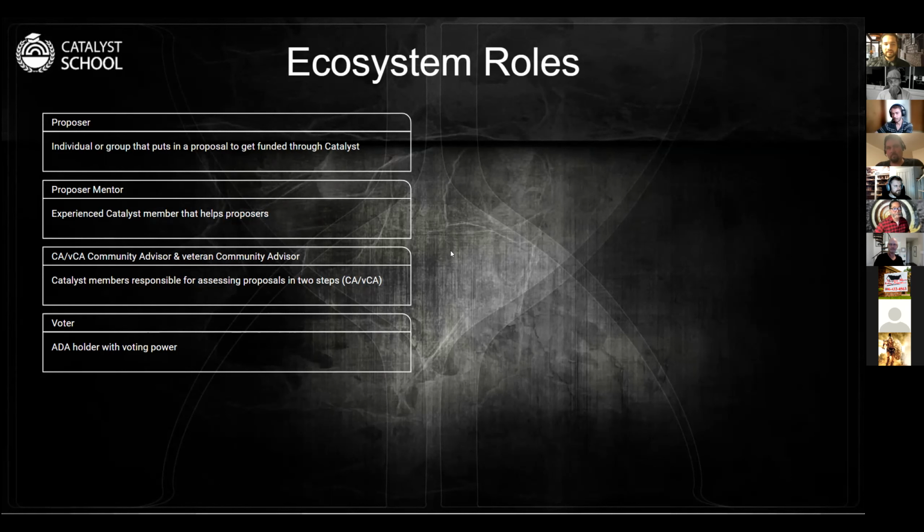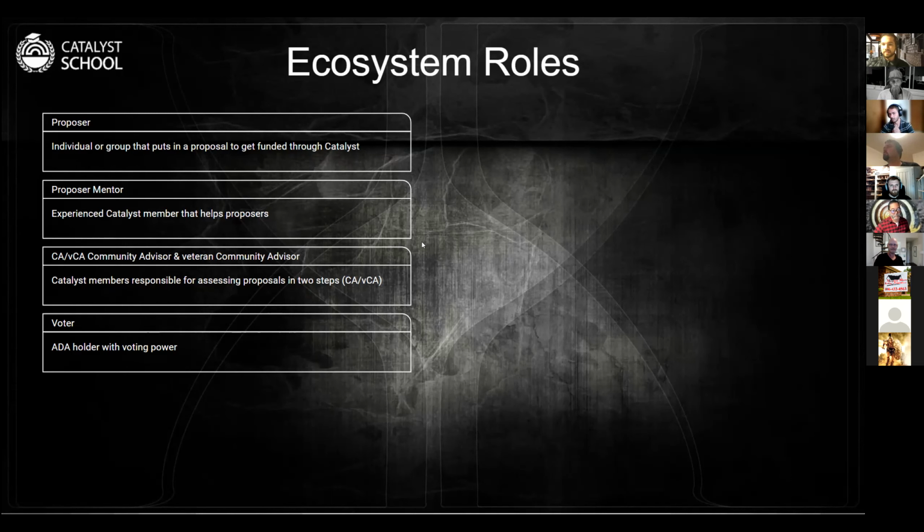So the next role is the voter role. This is one of the roles that has a requirement. Currently, you have to hold at least 500 ADA in your wallet, so you can register as a voter to participate in Catalyst.